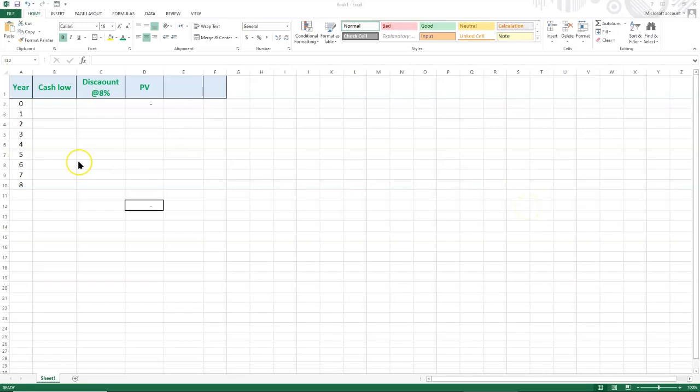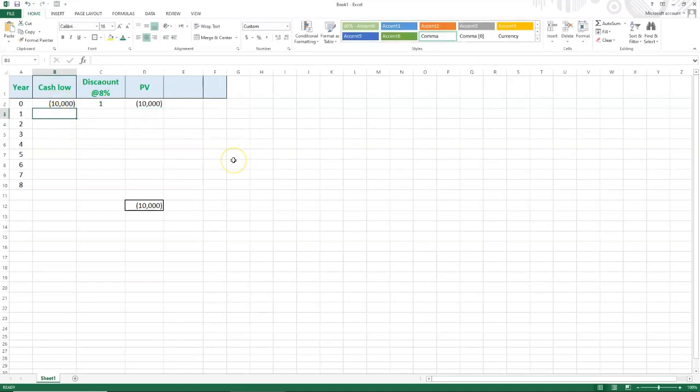Okay, here is the Excel sheet. On the first year, there is a cash outflow of $10,000. This will be discounted at a discount factor of only 1, because in the first year we don't discount. It has the same value.